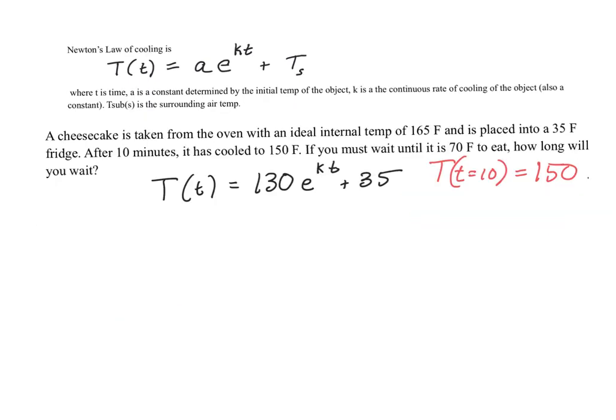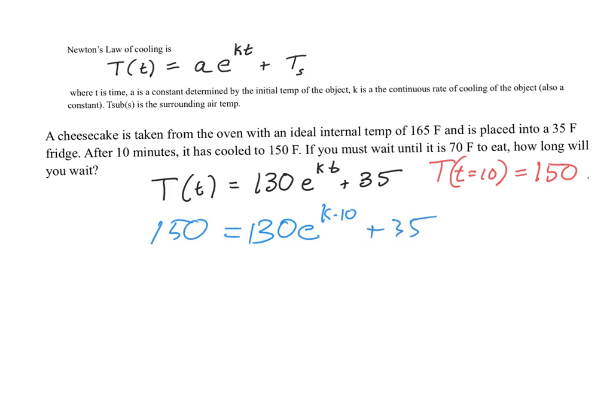Utilizing that now in my equation, I rewrite my equation substituting the A with the 130, but then I have another data point because I know that at 10 minutes in, it's 150 degrees. So I'm going to put those numbers into my equation and work my way through. So now I have 150 degrees is equal to 130 e to the K times 10, because I'm 10 minutes in, plus 35.